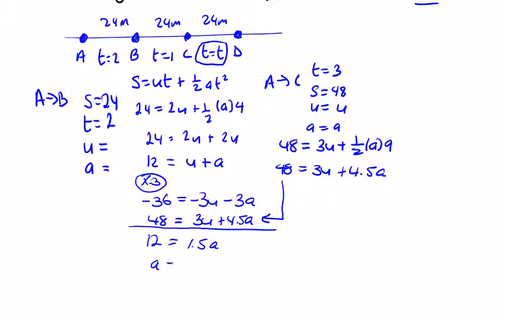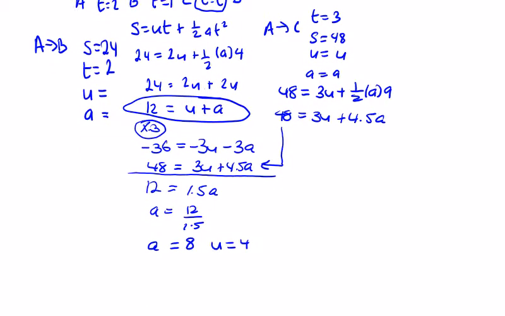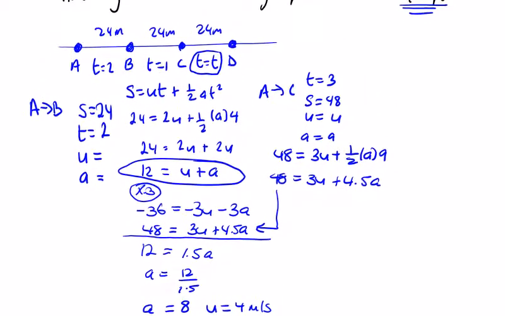So A will be equal to 12 divided by 1.5. So A is equal to 8, and if A is equal to 8, we can see from up here U would have to be 4, so U is equal to 4 meters per second.